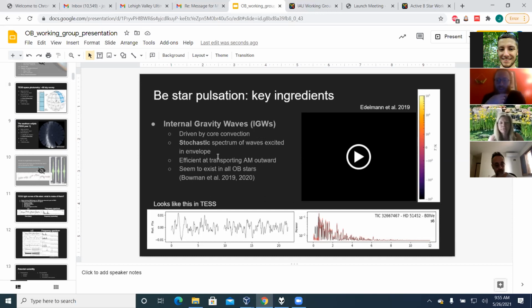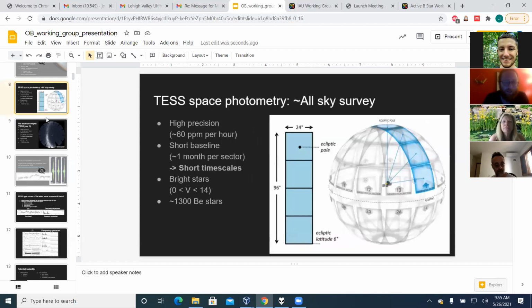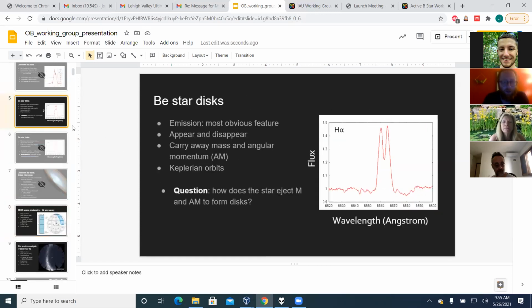But how that affects the nature of the light curves, I don't really know. I think the spin up of the envelope is predicted to happen over timescales much longer than the TESS observing baseline.